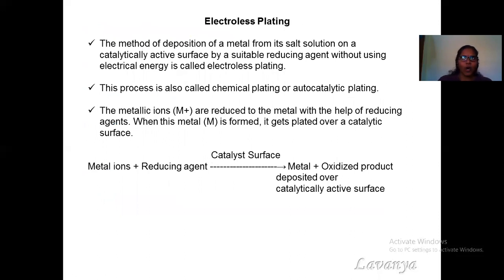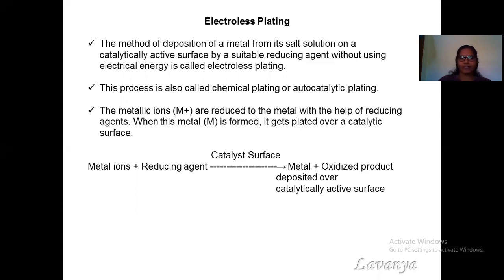But not all objects can be coated by this method, maybe because they are not conductors. For such objects, we can go for electroless plating, the method of deposition of a metal from a salt solution in the presence of a catalyst on the surface of any other base metal.